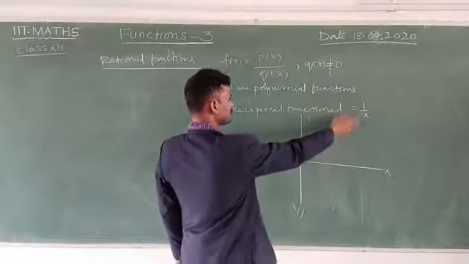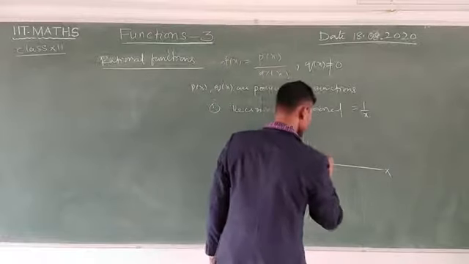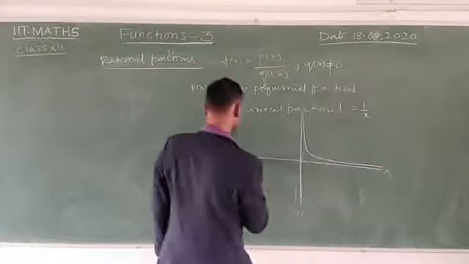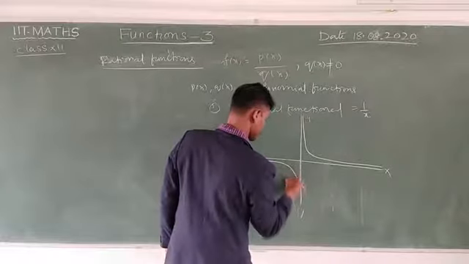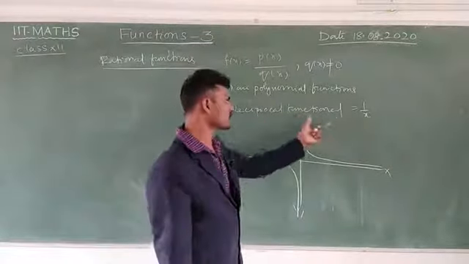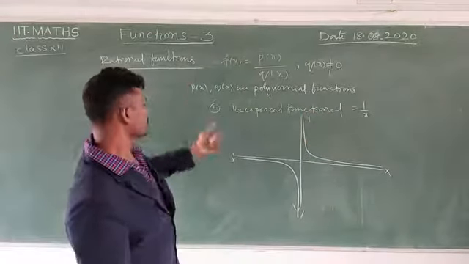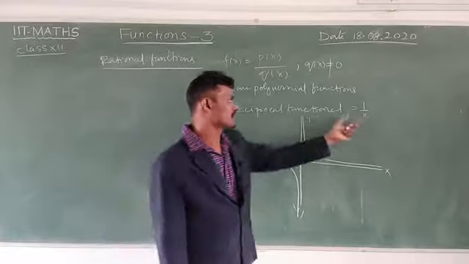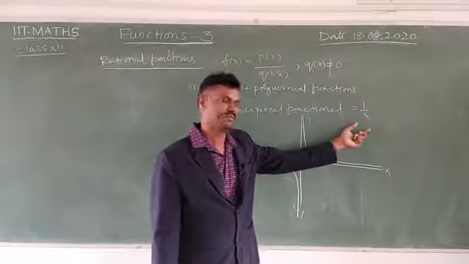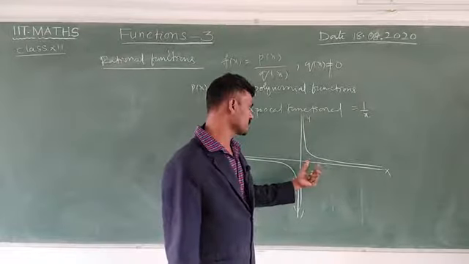Now you have to draw the graph. This is 1 by x. This reciprocal function is a part of rational functions. The reciprocal function is in the form of 1 by x or p by q. Now this reciprocal function 1 by x is plotted on the graph.